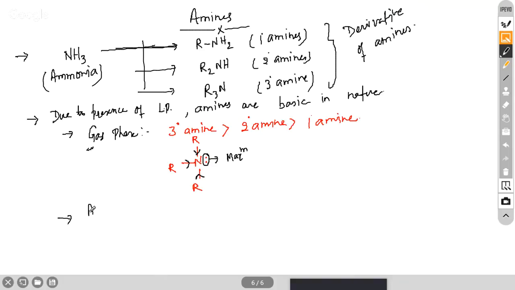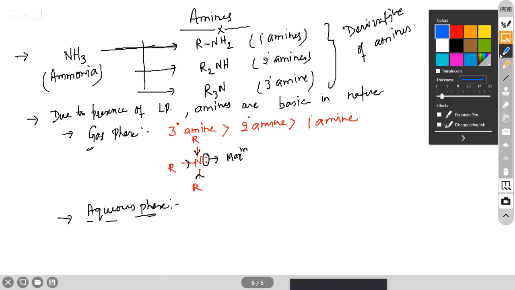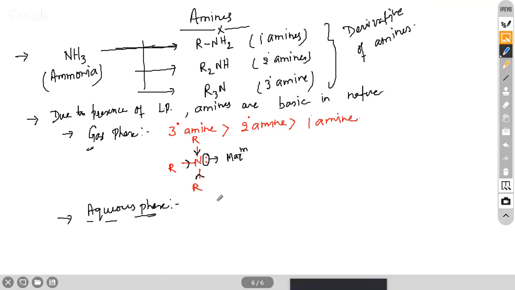Now, in aqueous phase, these two orders are very important. In aqueous phase, the order is found to be: 2-degree amine is most basic, then we have 1-degree amine, and then we have 3-degree amine. Now write down the reason.